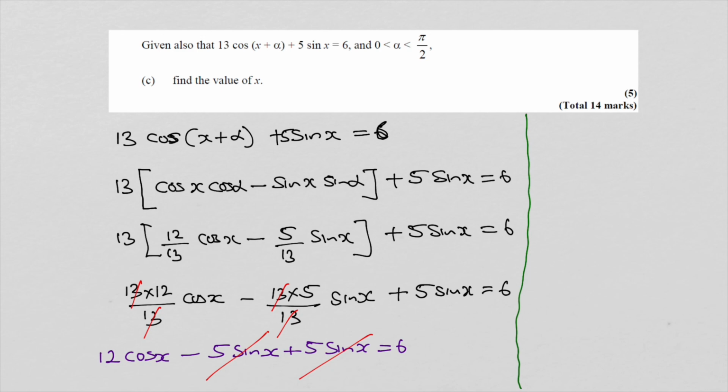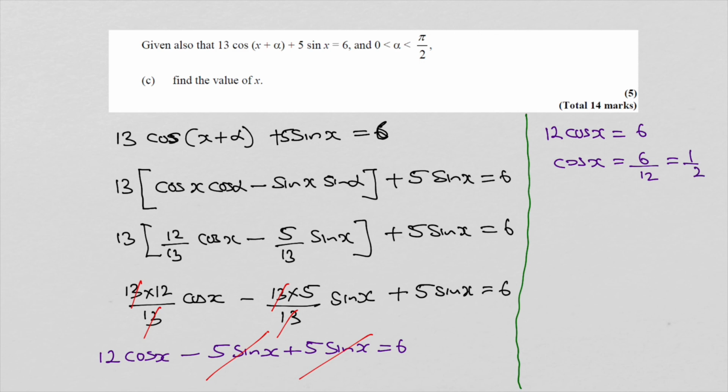Then we get 12 cos x equals 6. Therefore, cos x equals 6 over 12, which equals a half.